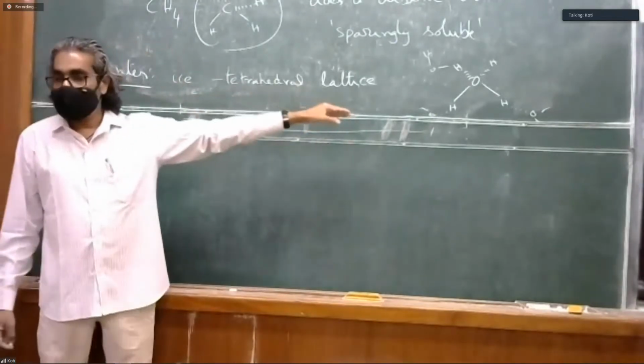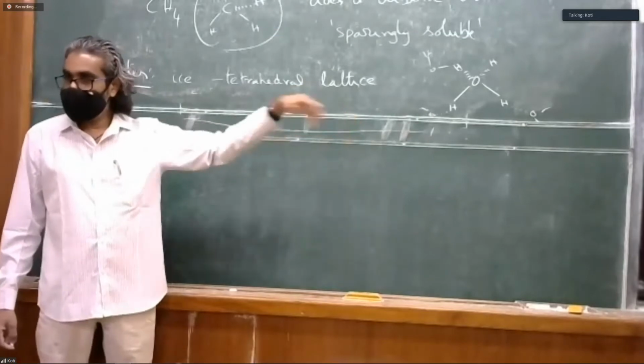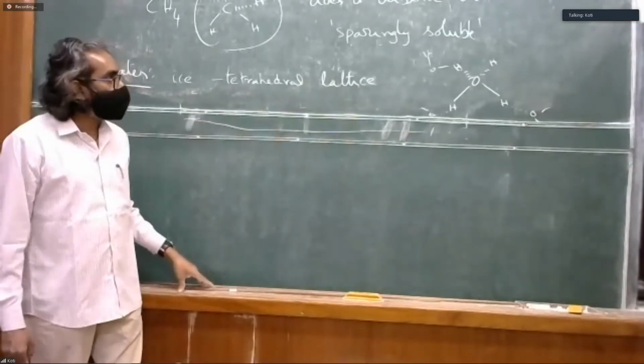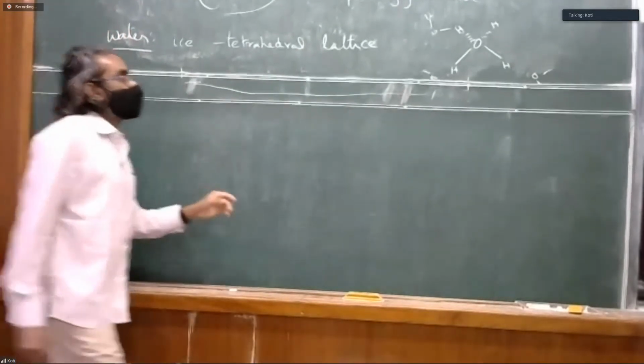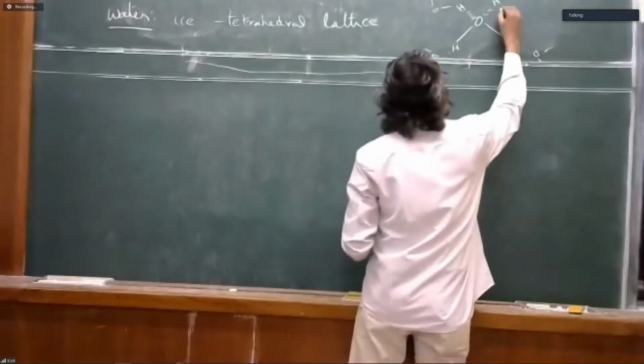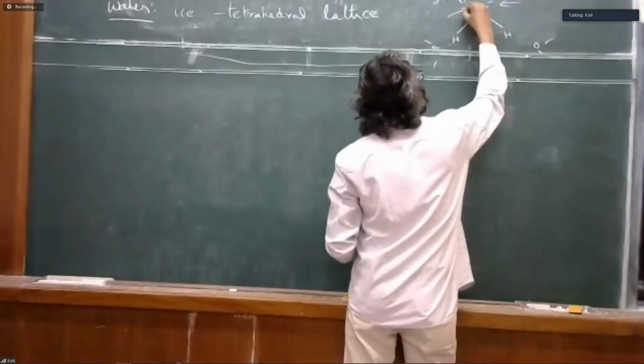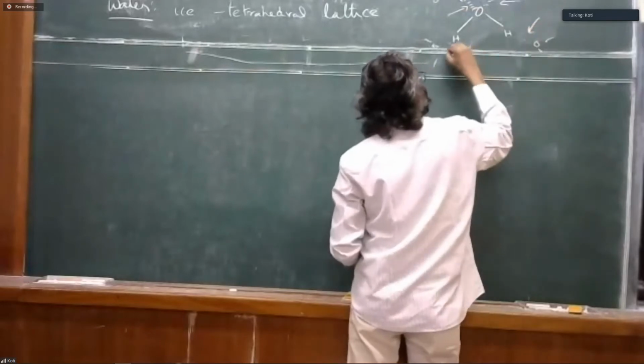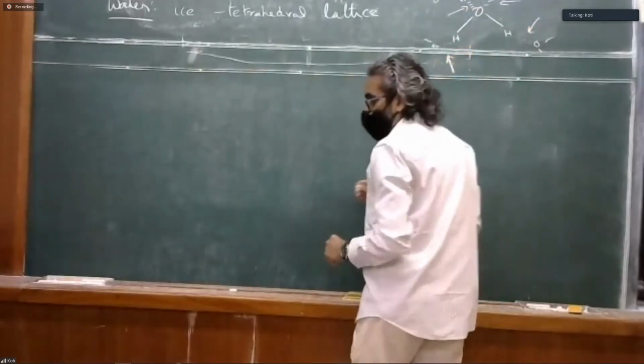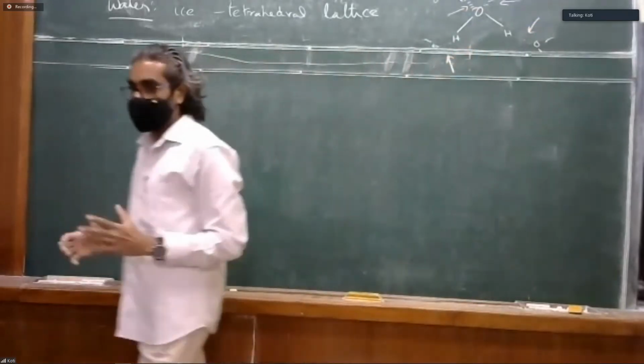However, if you melt the ice into water, on average these hydrogen bonds are not fixed in water, unlike in ice, where they are fixed as long as the ice is not melting.